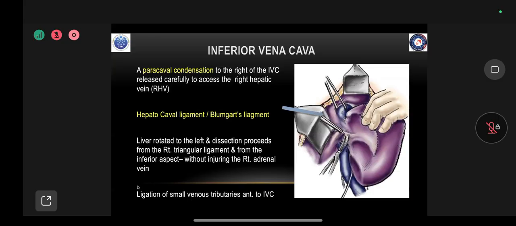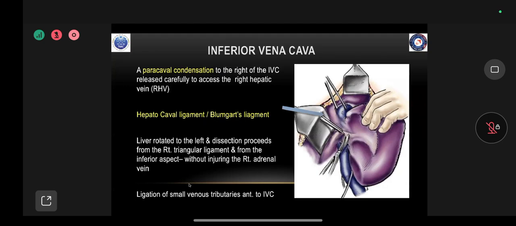And when you have to rotate the right or the left liver, when you cut the ligaments, there is this adrenal vein which is in close approximation, and it has a vein which drains into the cava and also causes some troublesome bleeding, especially if there are large tumors which have multiple blood vessels supplying them.